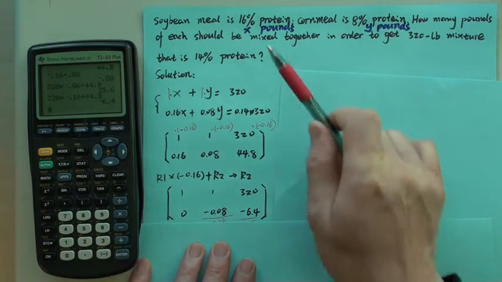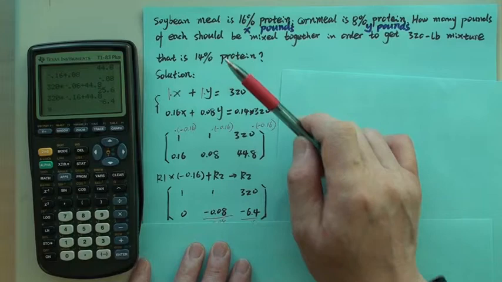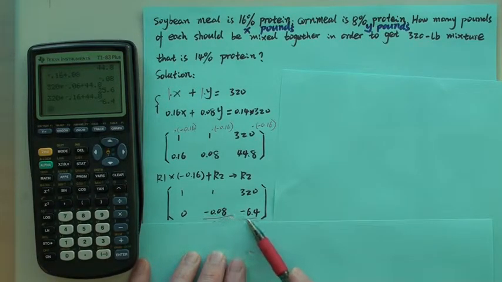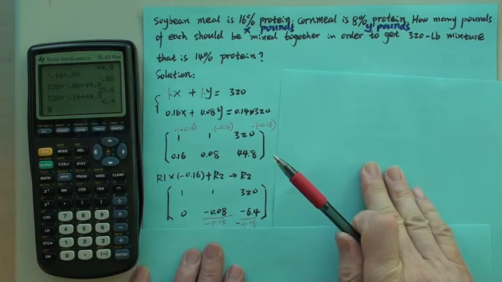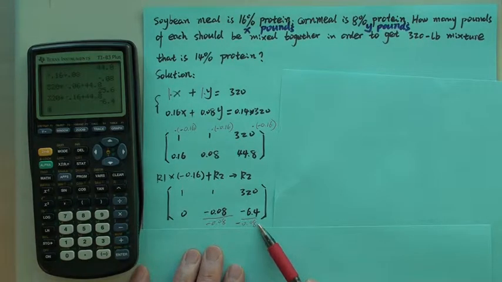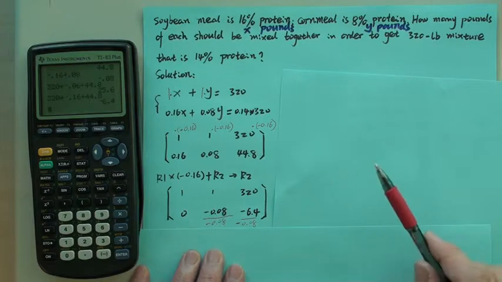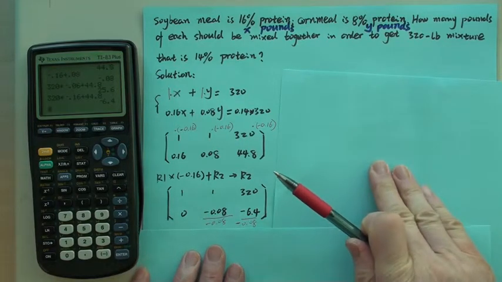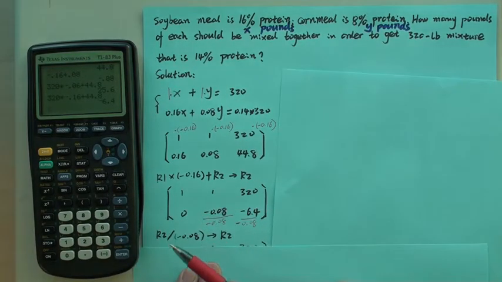Now, the Gauss-Jordan method says that we want row 2, column 2 to be 1. Then we divide the second row by this number, 0.02. A number divided by itself, you always get 1. That's the reason we divide by it.